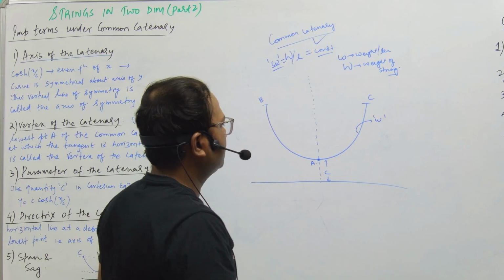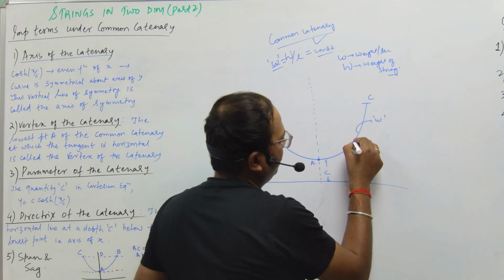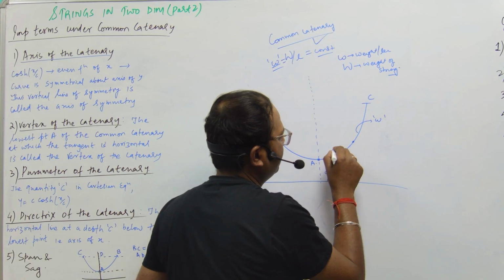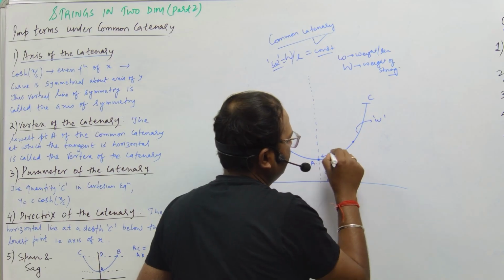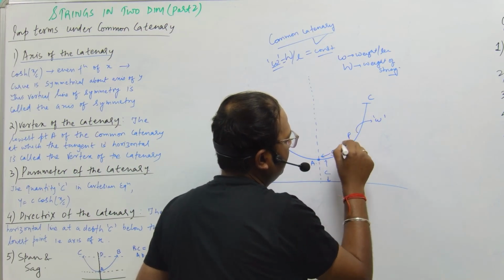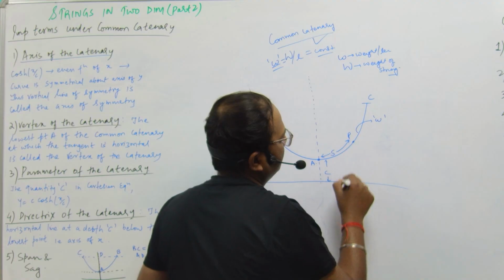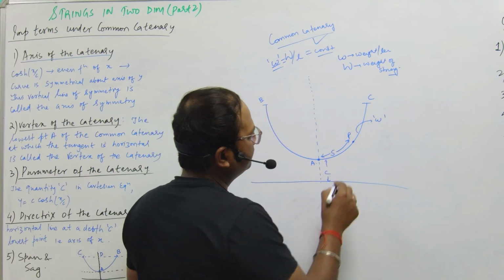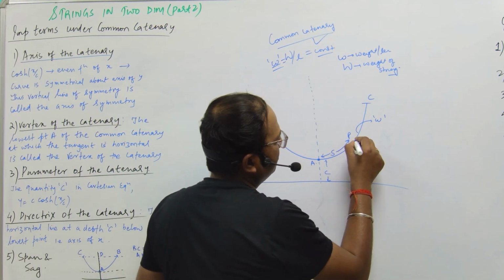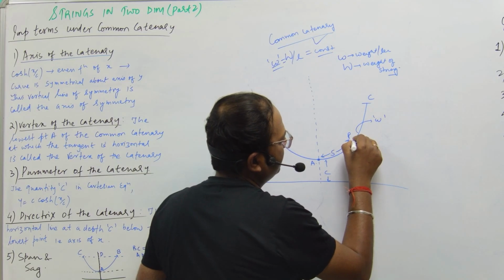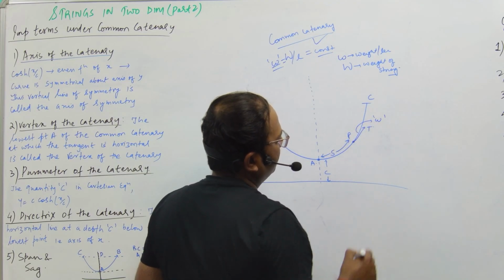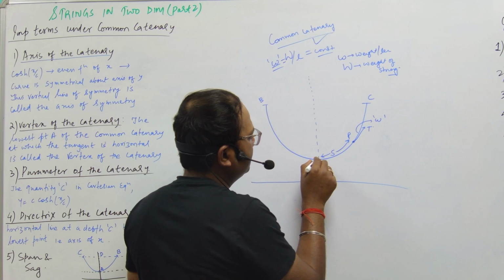Let us consider a point P at a curved length s. Let us consider the tension at this point P is T, and the tension at point A is T naught.